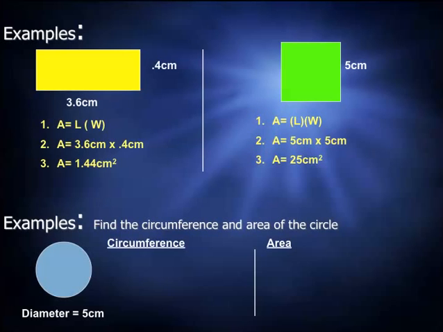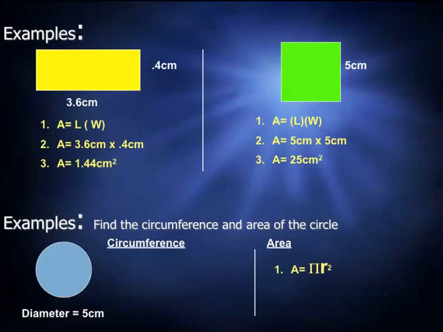Okay, circle here. Diameter is 5 centimeters. I want to find its circumference. Well, let's do area first, I guess. Area equals pi r squared. We're doing area first. All right. Next, substitute units or numbers. What do I get?